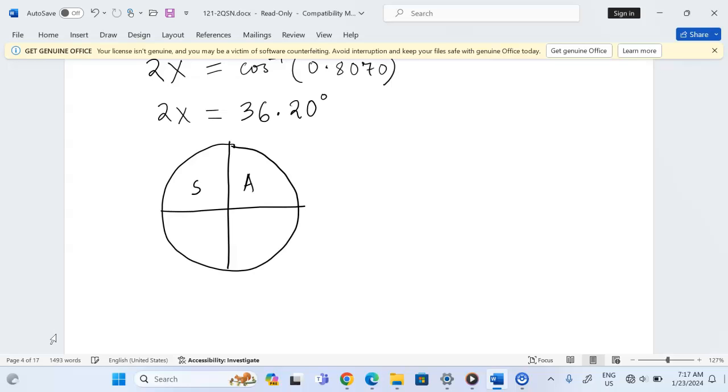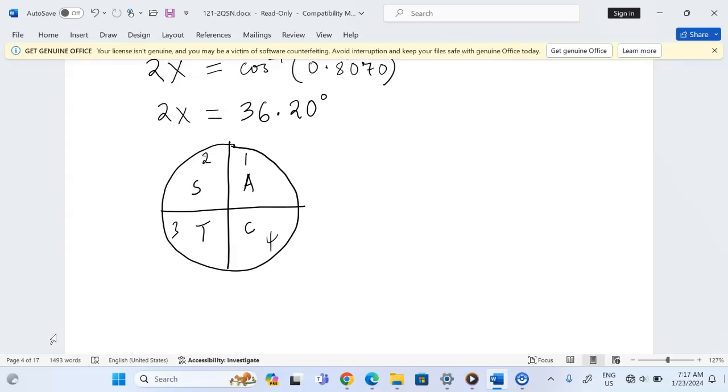Then it's only sines which are positive in the second quadrant. It's only tangents which are positive in the third, and cosines are the only trigonometric ratios which are positive in the 4th quadrant. This one we call the first, the second, the third, and the 4th quadrant.